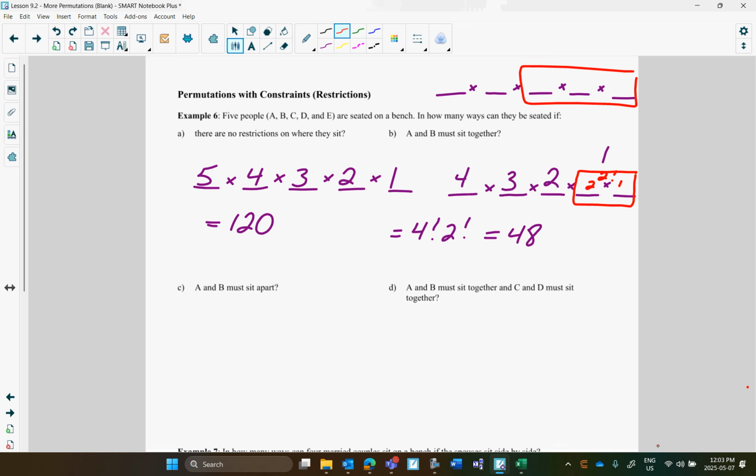Let's say A, B, and C have to be together. So that means D or E could go there, or this group, and then 2, then 1. But how many ways can I arrange the 3 within each other? 6 ways. 3 times 2 times 1. So this would be 3 factorial times 3 factorial. Anyway.